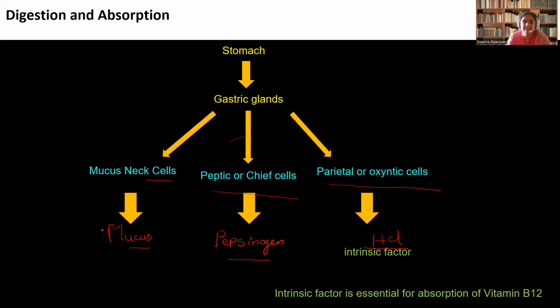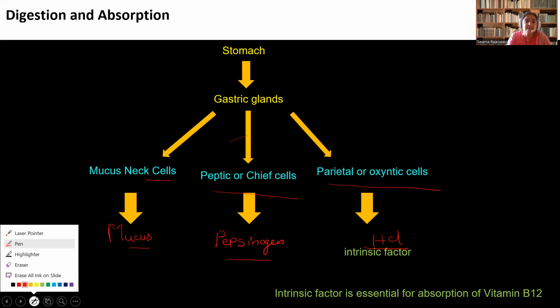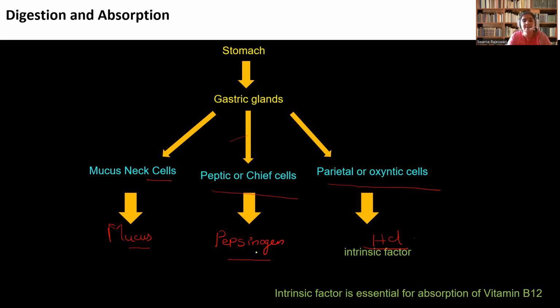Here we have seen that pepsinogen is produced, but this pepsinogen is an inactive enzyme. It has to act on proteins, but it can't act. It has to be converted into active pepsin.